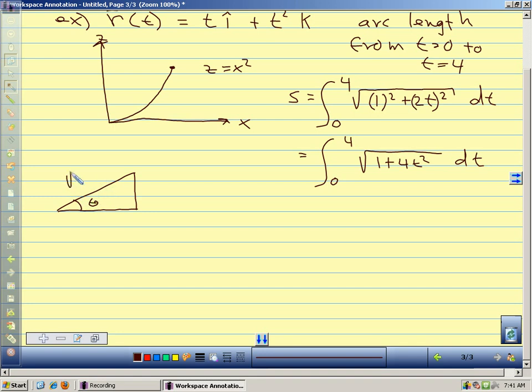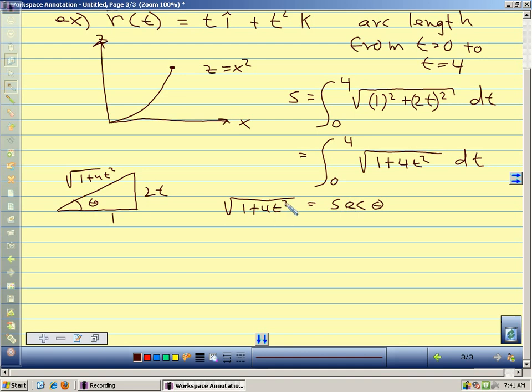This is the square root of 1 plus 4t squared on this side, 1 on this side, and 2t on that side. So from this, the square root of 1 plus 4t squared equals secant theta.